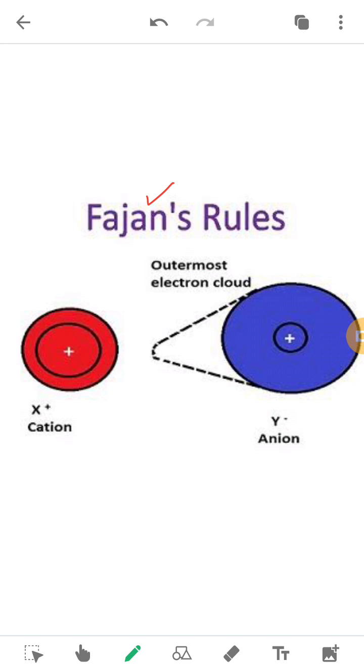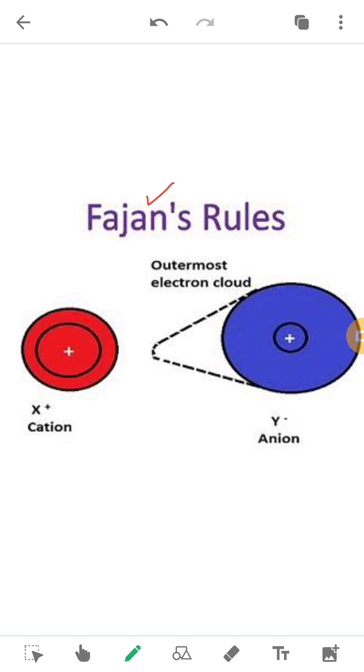So that electron cloud can be distorted.